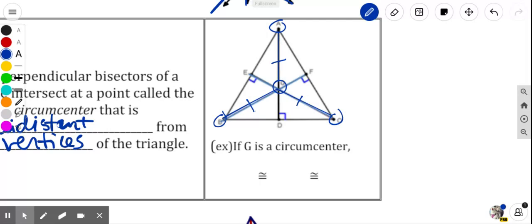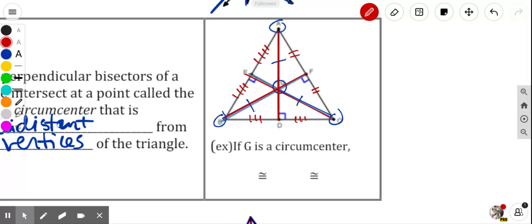Not only can you tell that those three are the same, but because it's a circumcenter, that means that each of these segments is a perpendicular bisector. So that would make these two equal. This is a perpendicular bisector, so that would make these two equal. And then this is a perpendicular bisector, so that would make these two equal.